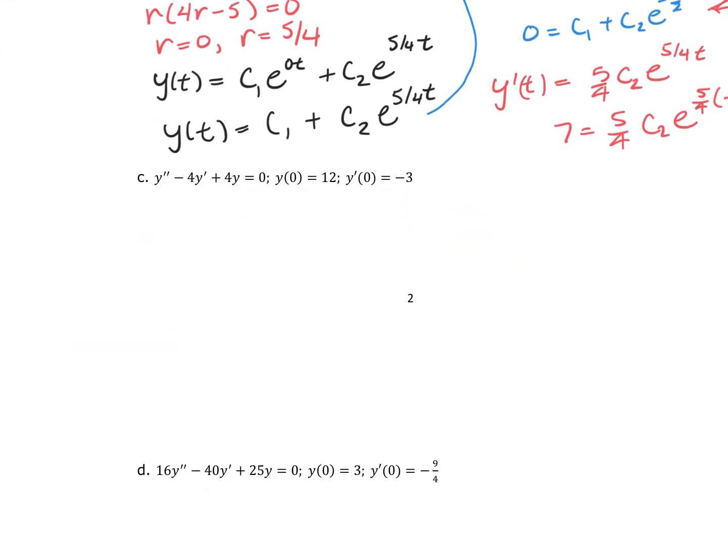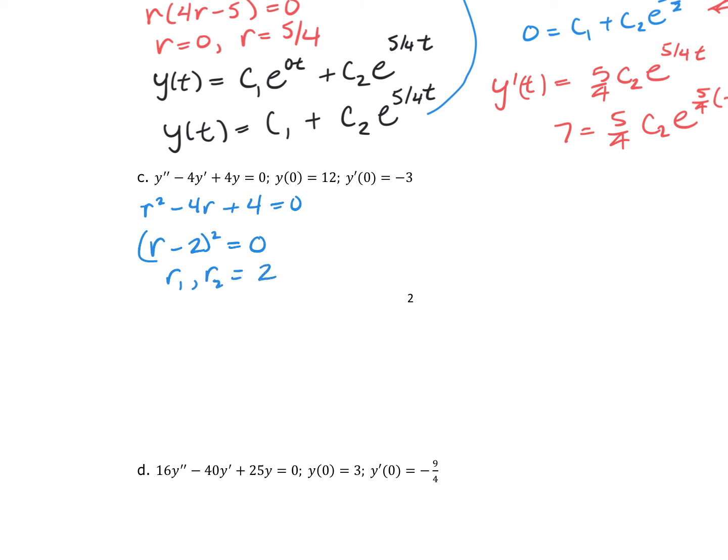And for my next example, my characteristic polynomial is going to be r squared minus 4r plus 4 is equal to 0. This factors into r minus 2, the quantity squared, is equal to 0. So I have a repeated root, and if I have a repeated root, r1 and r2 are going to be equal to 2.